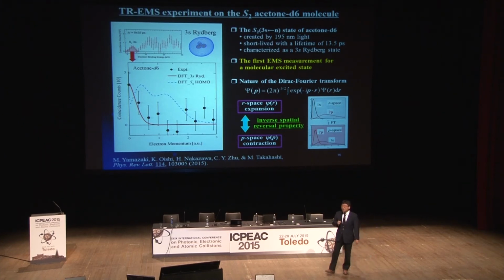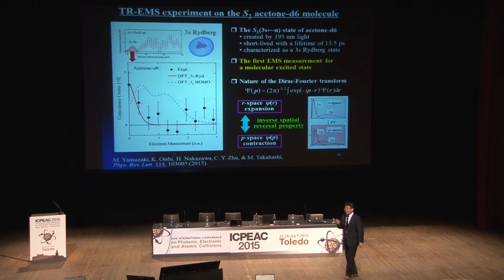This can be understood by considering the nature of the 3s Rydberg orbital in momentum space. Generally speaking, the angular part of a wave function is invariant under the Fourier transform, so a molecular orbital in position space has a similar shape in momentum space.